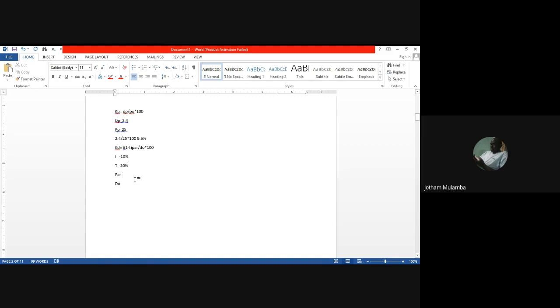Anybody who has seen the par value? This was the simplest because it was indicated directly. 1,000. Then the price. Anybody who has seen the price?